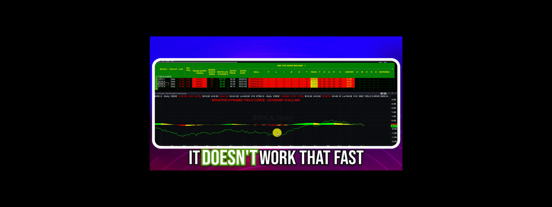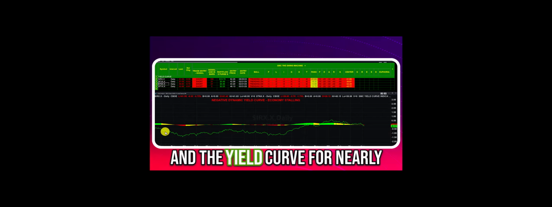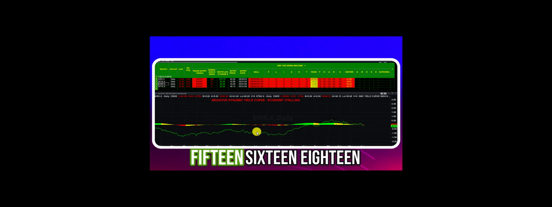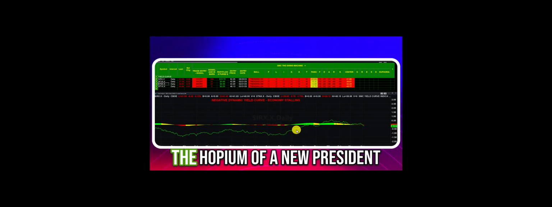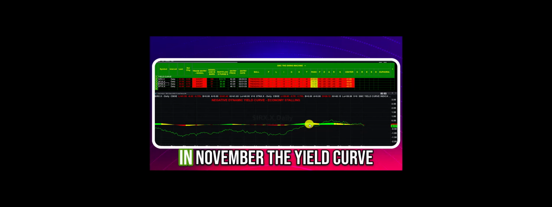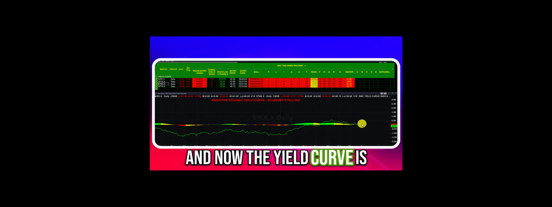Historically, it doesn't work that fast. There's a lag to it. And the yield curve for nearly 15, 16, 18 months was inverted. And then as we approached the hopium of a new president in November, the yield curve went positive. And now the yield curve is going negative again.